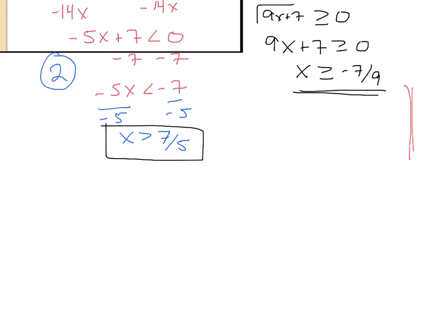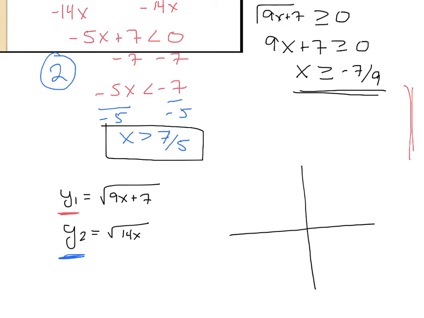So the two functions that we have: for your y1, put the square root of 9x plus 7, and for the y2, put the square root of 14x. I'll do this one in blue, and I'll do this one in red, and I'll draw a real quick graph here just to give us an idea as to what's happening, and I'll mark the solution.